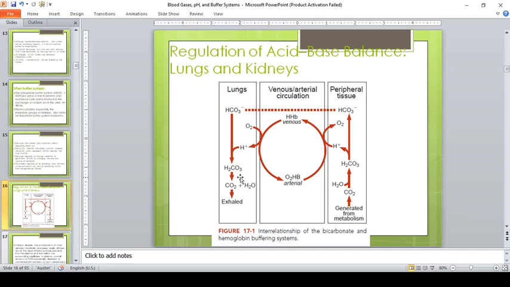So, in that case, anong mangyayari? Tataas yung level ng carbon dioxide sa katawan natin. Pag tumaas yung level ng carbon dioxide, ibig sabihin, tataas din yung level ng carbonic acid. Okay? So, tataas yung acid kapag mataas ang carbon dioxide sa katawan.